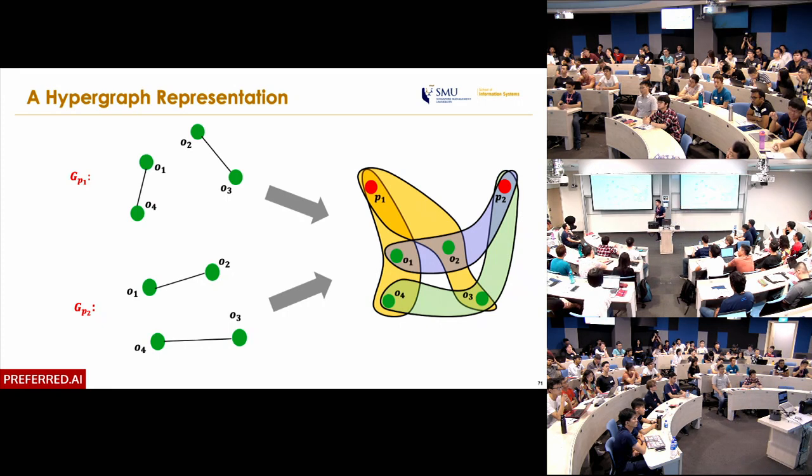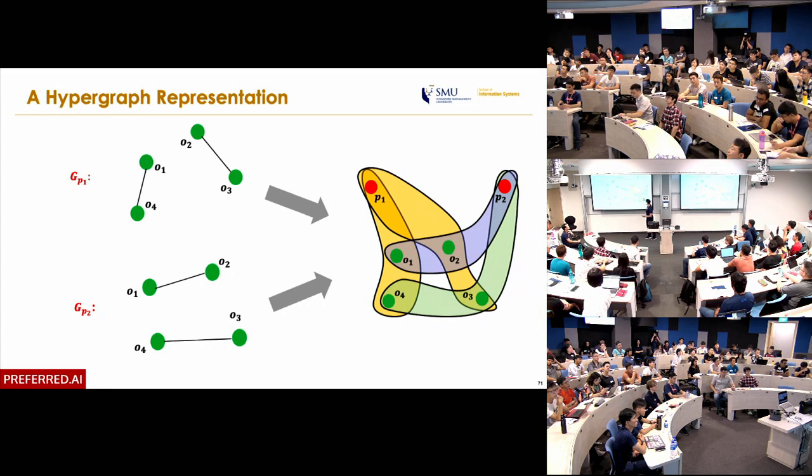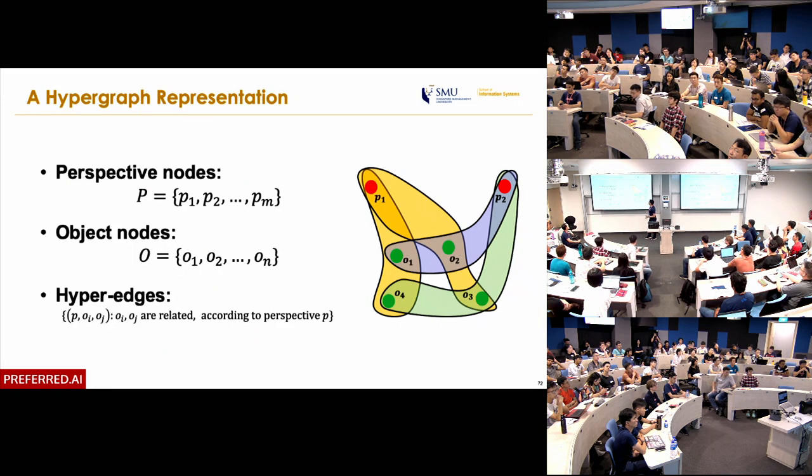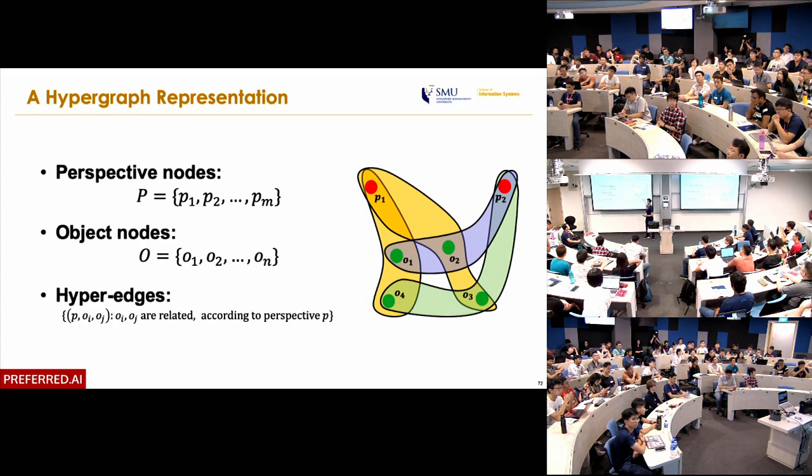In this picture you can see that in this merged graph you have perspective nodes and object nodes. According to one's perspective, if two objects are similar, then you have an edge that connects the perspective and the two objects that they think are similar.